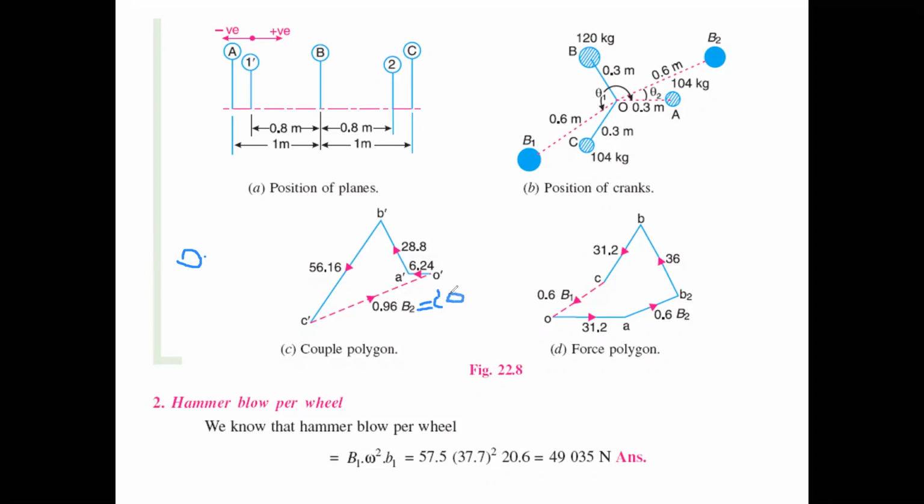Say 6 centimeters: 6 into 5, as the scale value is already there, gives 30. So B2 equals 30 by 0.96. Then the B2 value will be identified here.